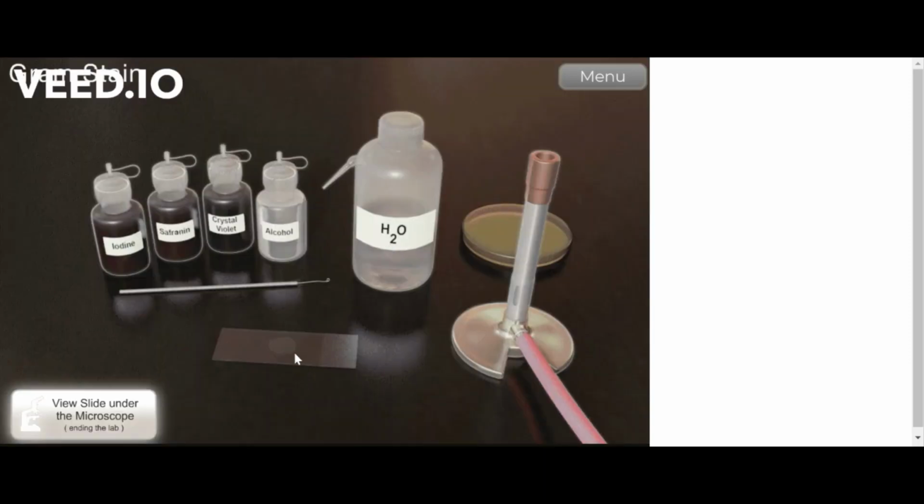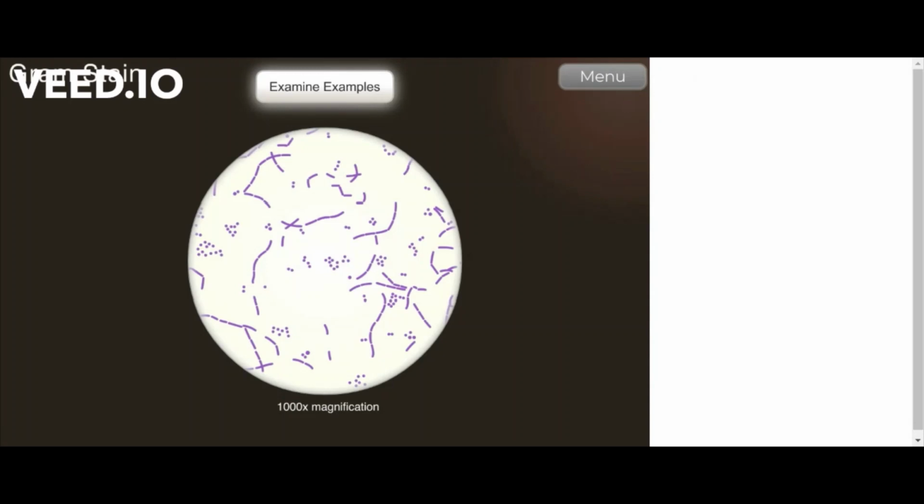After we rinse with the water, our slides are ready to be viewed under the microscope. So this is our gram staining under the 1000 magnification.